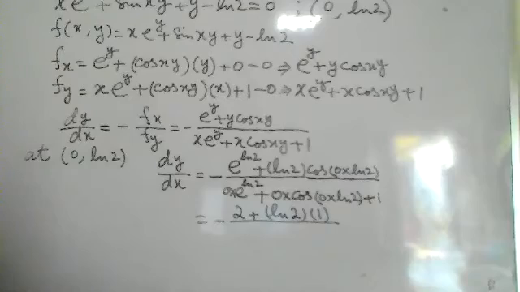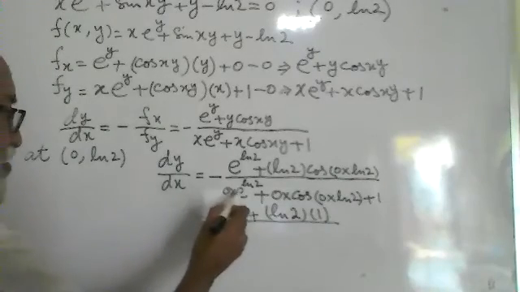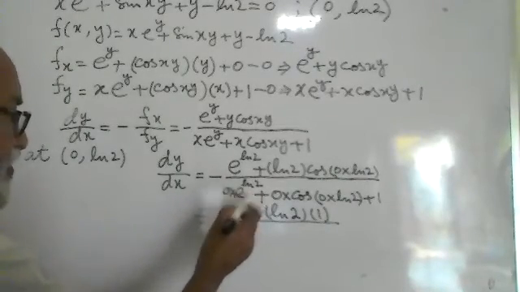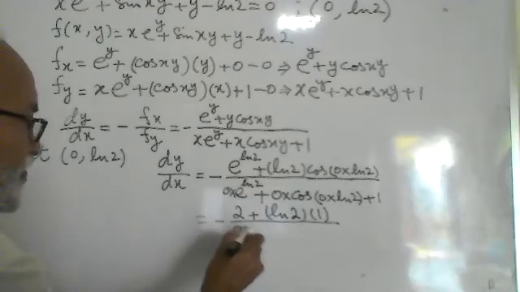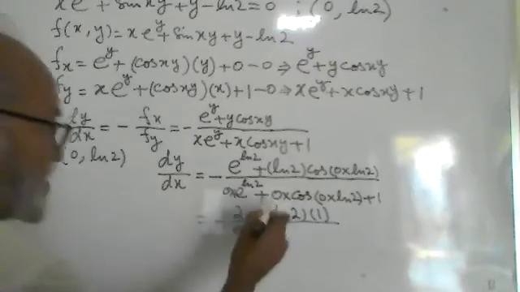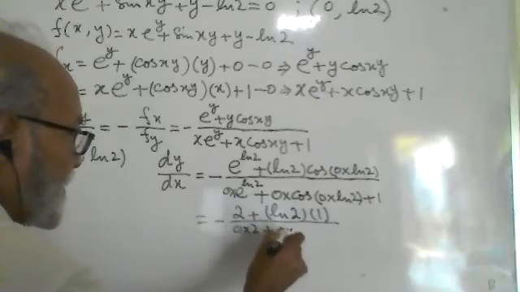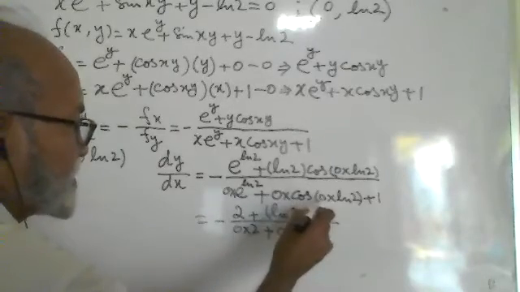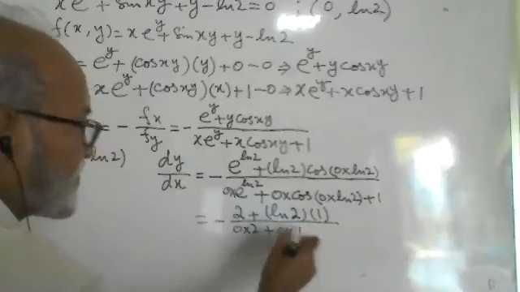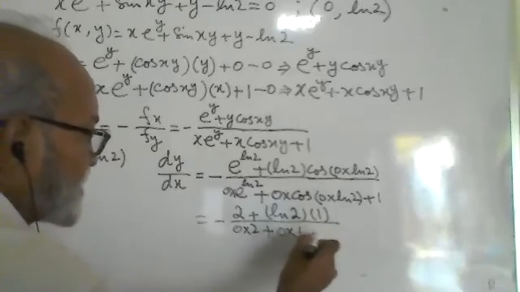Cos 0 is 1, upon 0 into ln2, ln is cancelled by e, so this is 2, 0 into 2, plus 0 into cos of 0 into ln2 will be 0. Cos 0 will be 1, plus 1.